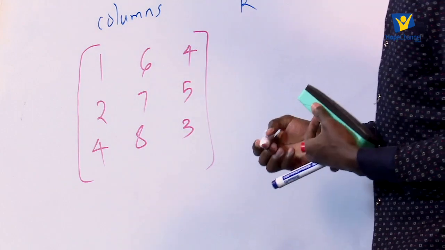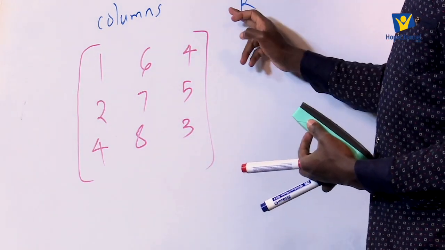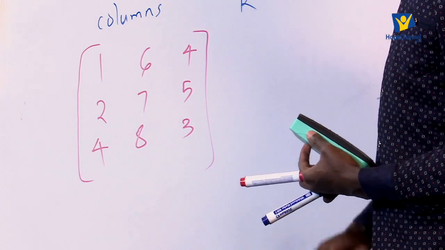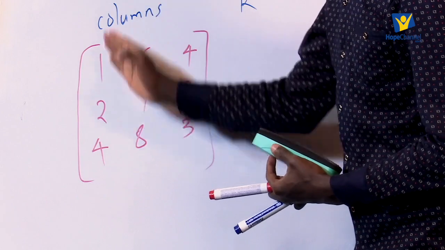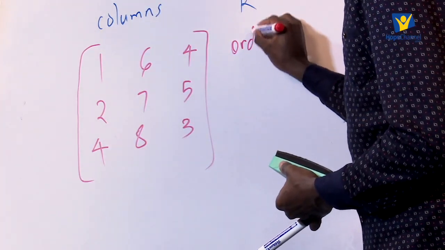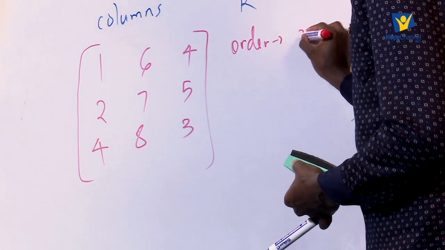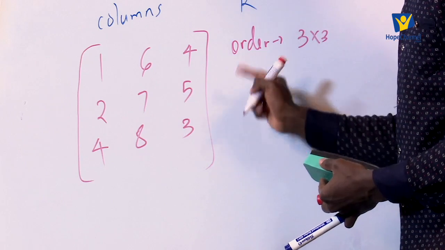We've said that the order of a matrix is given as rows multiplied by columns. In this case, it has 1, 2, 3 rows, and 1, 2, 3 columns. So the order of this matrix is 3 by 3, because it has 3 rows and 3 columns.